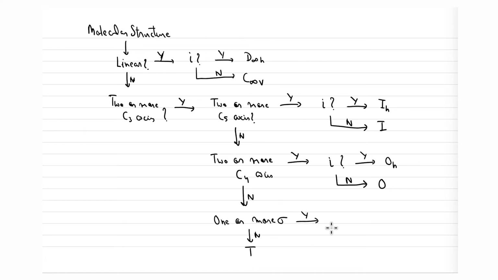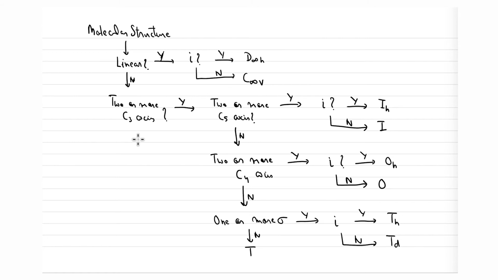If it is yes, then again you ask for whether there is an I. Yes, then it's TH. If it's a no, then it's TD. So this section basically covers the cubic point groups over here, and then you have the infinity point groups over here.